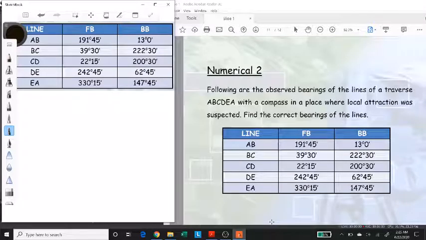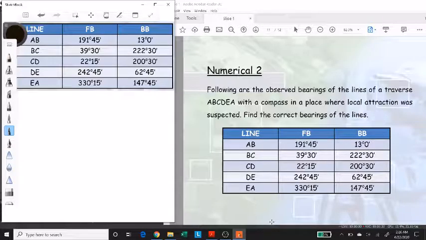But another way to do it would be to first find out the interior angles using these bearings, something that we have done in the previous numericals. And once I have the interior angles A, B, C, D, and E, I can apply that check for closed traverse. The sum of interior angles should be equal to n minus 2 into 180 degrees, or the sum of the exterior angles should be equal to n plus 2 into 180 degrees.